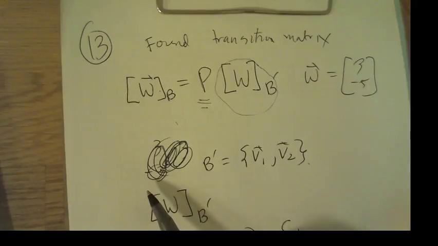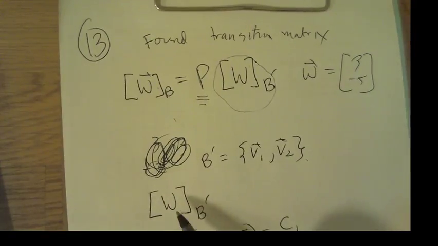If we're looking for W_B prime here, we would use the transition matrix from B to B prime.